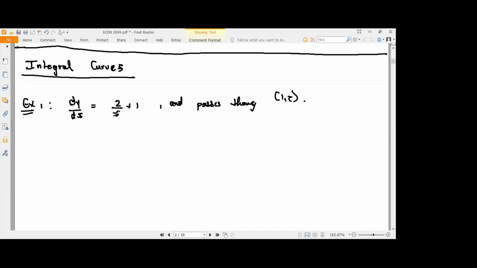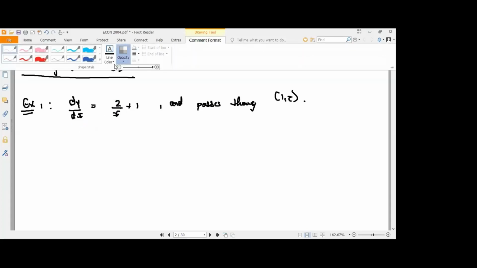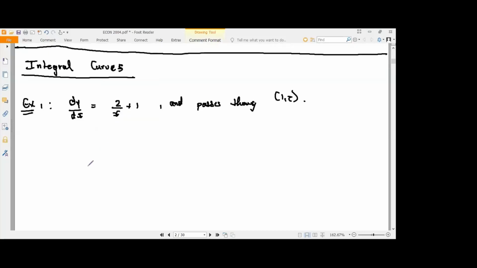Let me change the ink here. Ready. So for the solution now, we're going to start with the gradient function, which is dy by dx. So dy by dx is equal to 2 over x plus 1.